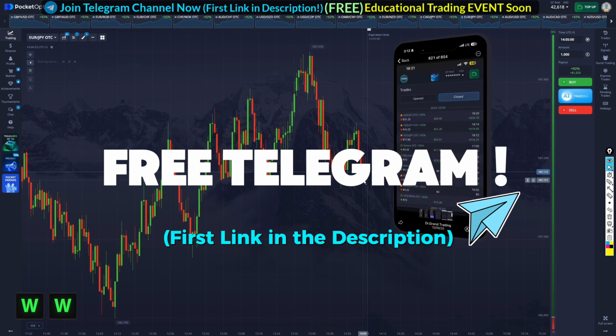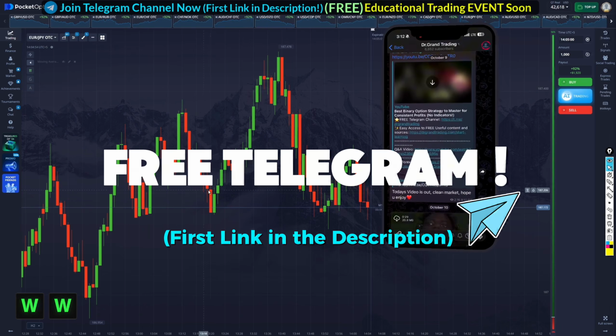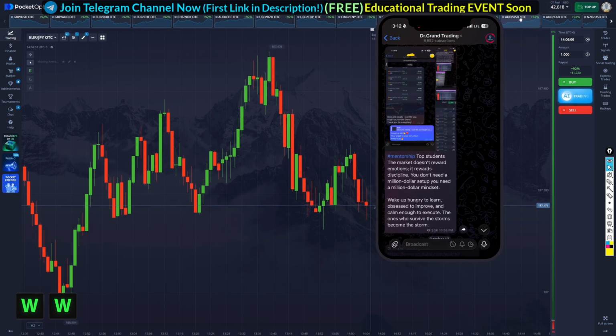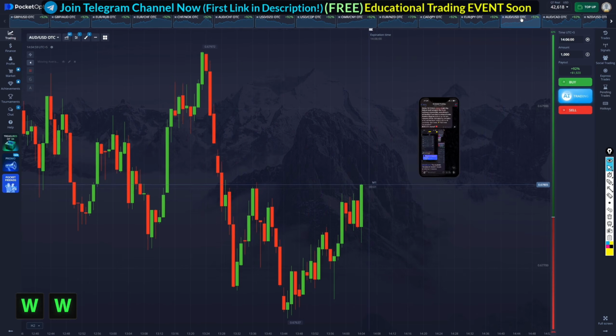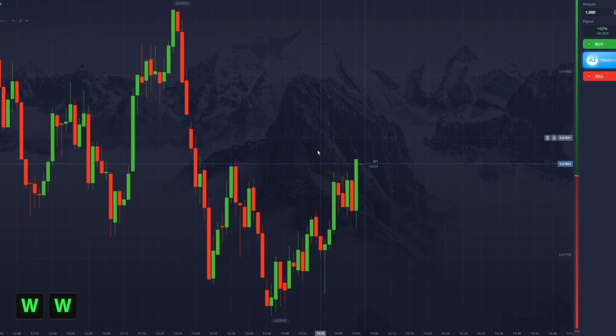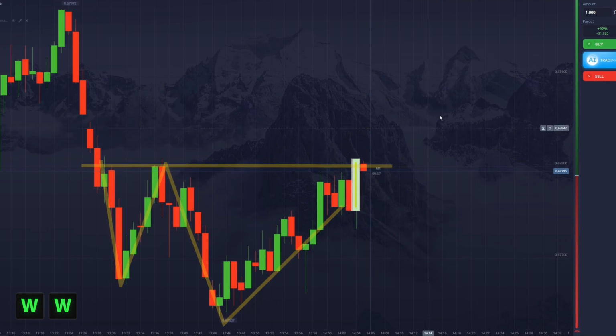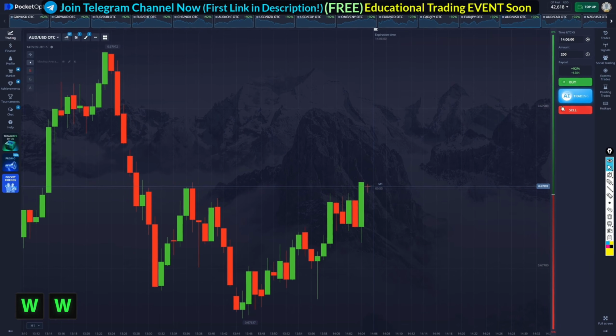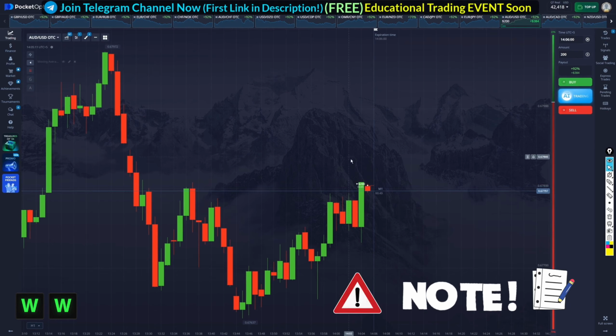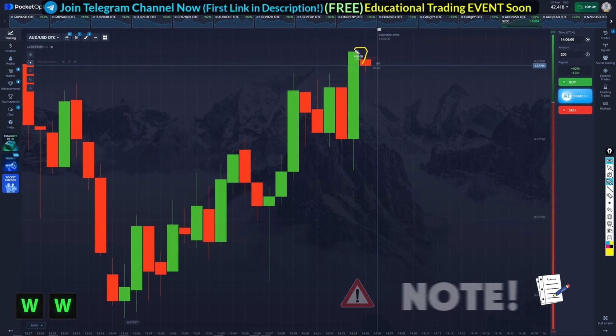Voila. Now, okay, we got a third touch breakout. I want to take it pretty small because we have a gap down against us. Remember, gaps are important. If you see a big gap, this is a gap, right?